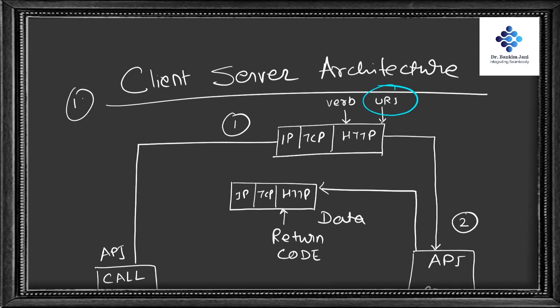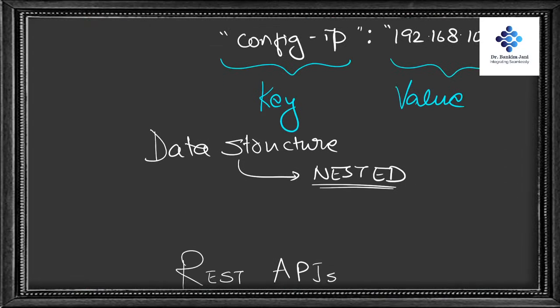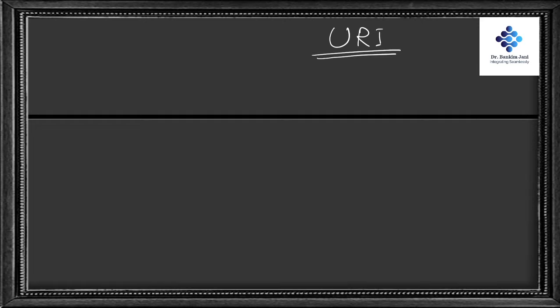We said that we'll be talking about this thingy at length. This is a very important concept, because there is URI, there is URL, so many things. So let's remove all the confusions about this URI.